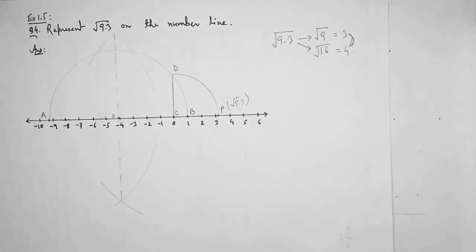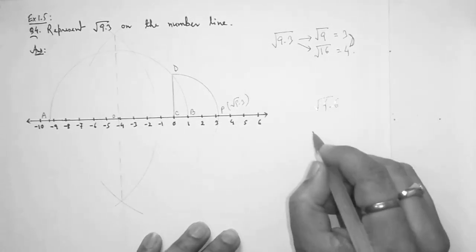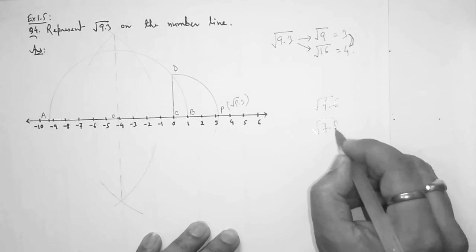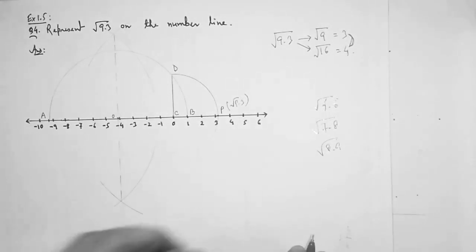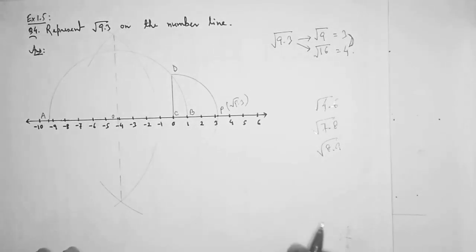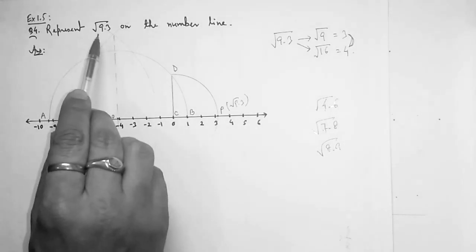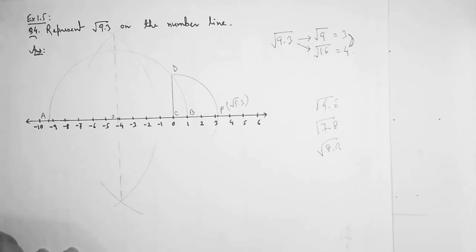Now if you have any other question, for example, represent square root of 4.6, represent square root of 7.8, represent square root of 8.9, all the steps are the same except the first length. Since it was a question of 9.3, we have taken minus 9.3 from 0 in the negative direction of the number line.